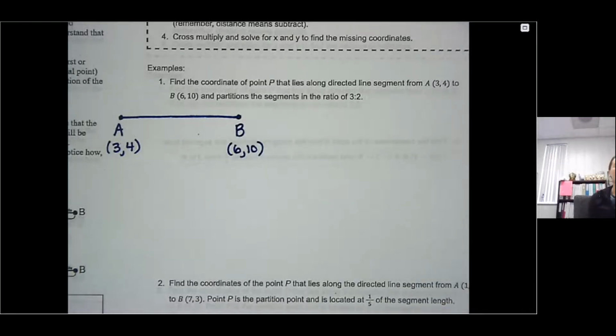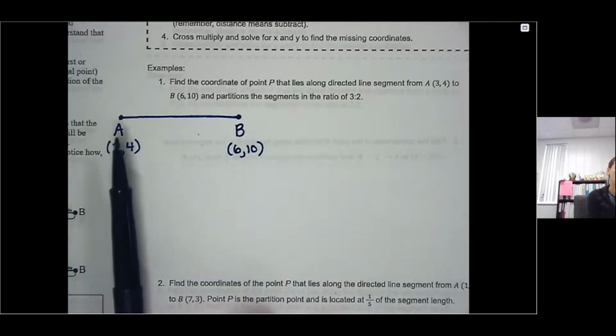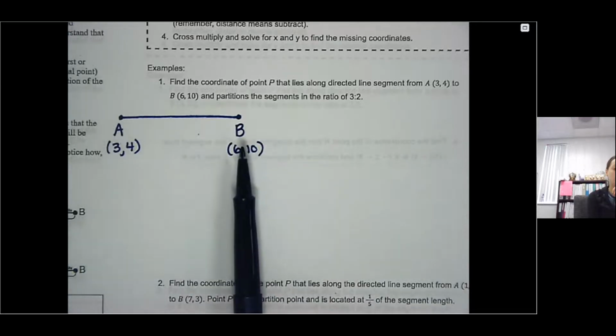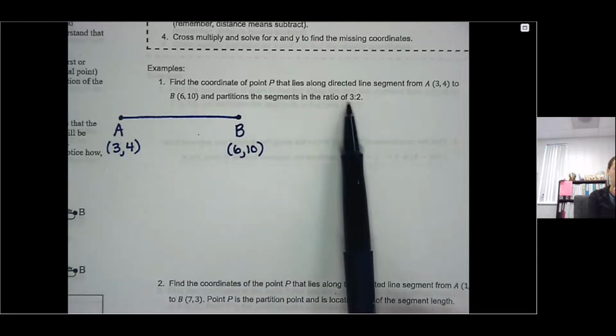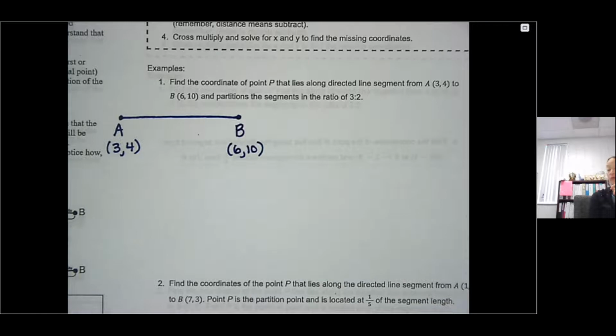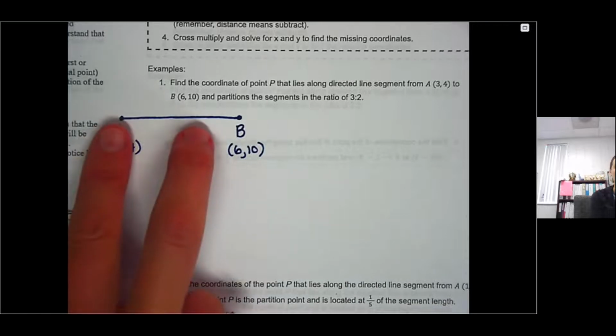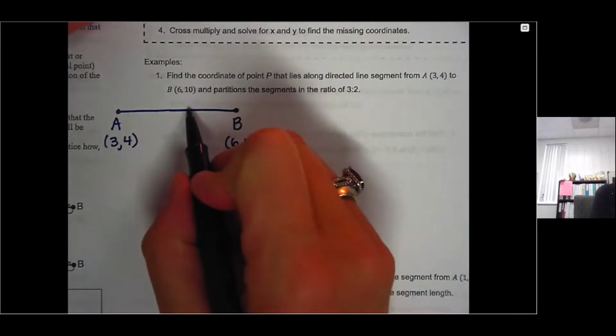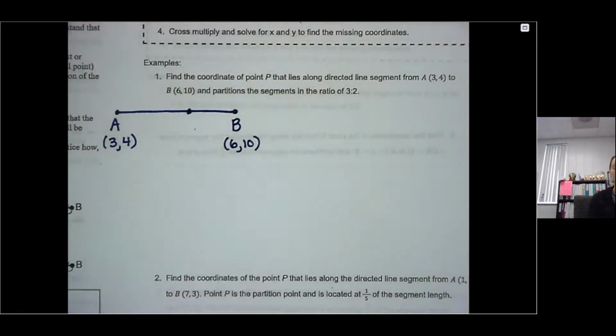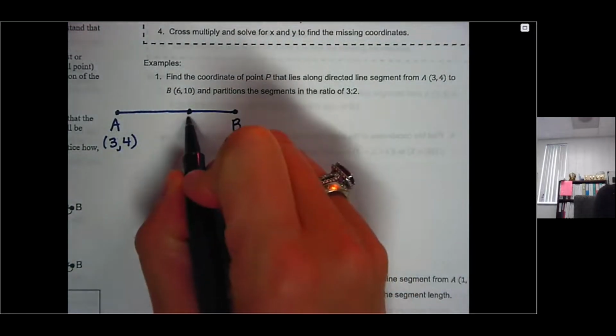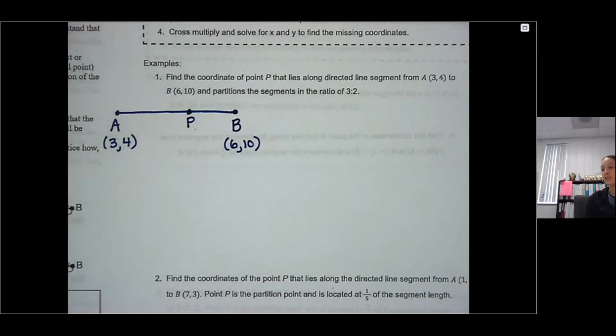So is that partition point going to be closer to A or closer to B? If it's 3 pieces to 2 pieces, it's going to be closer to B, right? Because this should be bigger. It's 3 pieces. So I'm going to put my P just closer over here to my B value. That's my partition point. It's dividing up my segment.